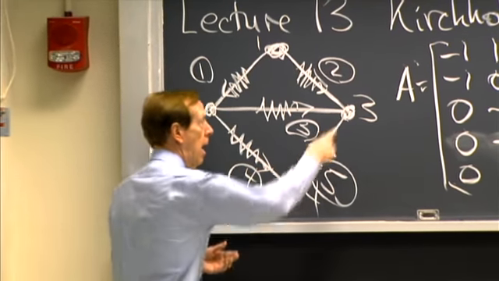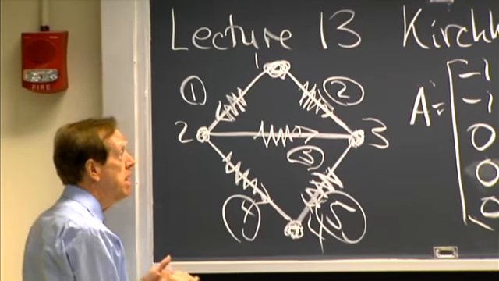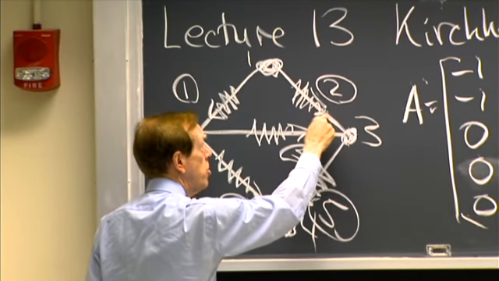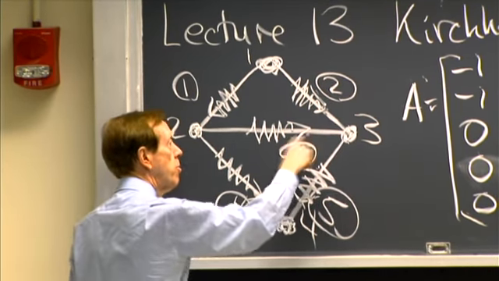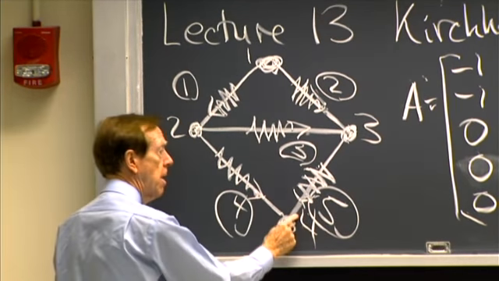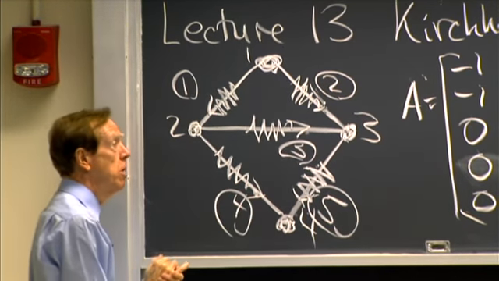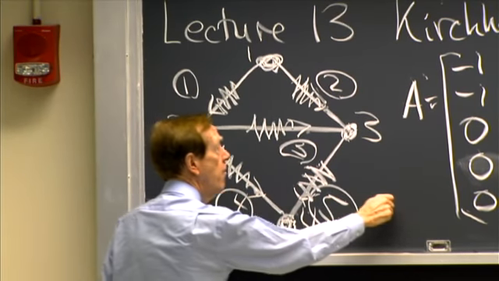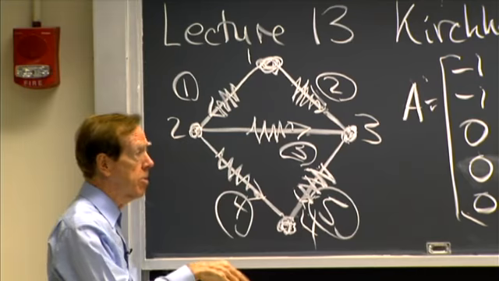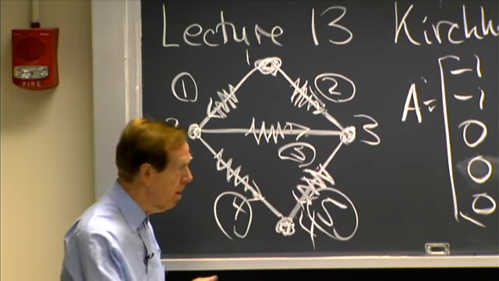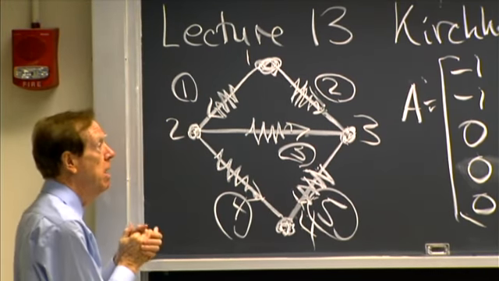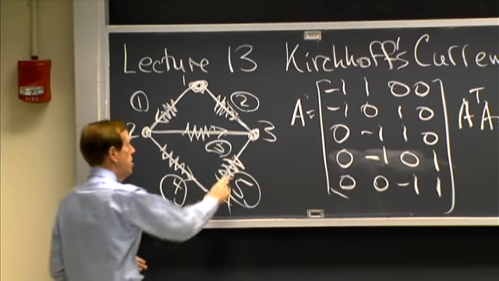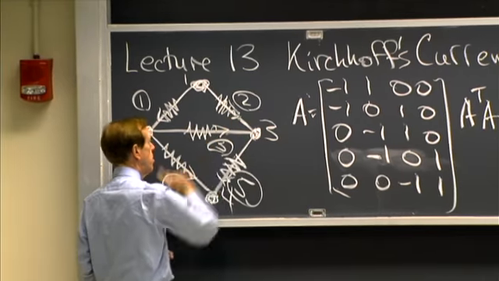So Kirchhoff's current law at that point tells me that the flow W2 plus W3 minus W5 would be 0 if there's no current source, or if I'm feeding current in there, some current F3, then it would match F3.